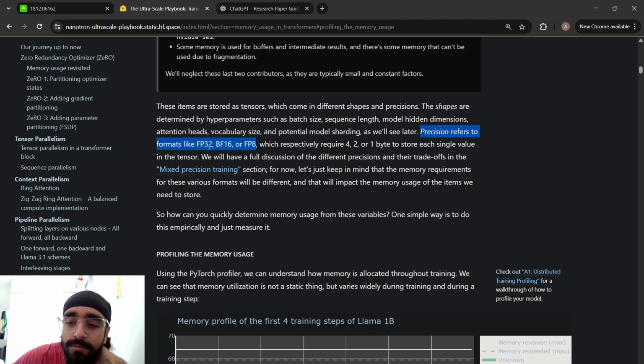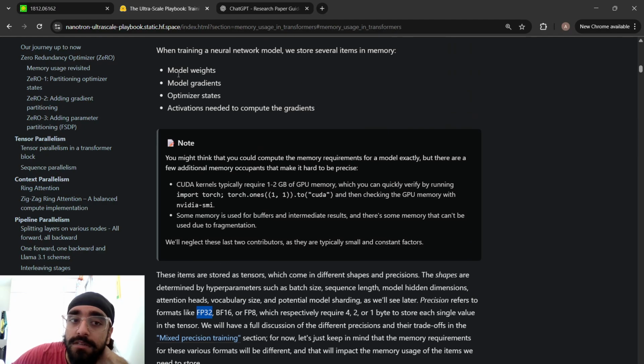The most common, maybe 3-4 years ago, was FP32, where everything was kept in FP32 format, which has a lot of range and also a lot of precision. However, researchers found that we actually don't need this much precision. We need range, but not precision.